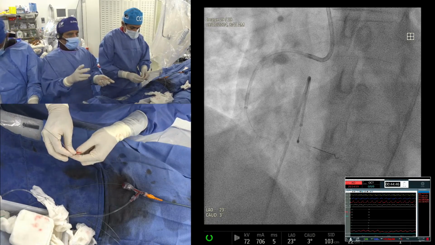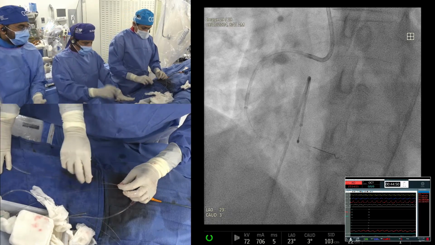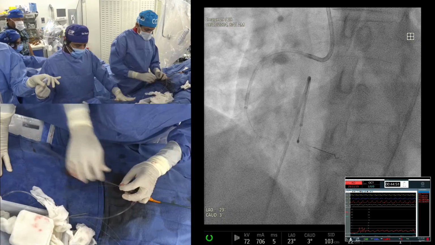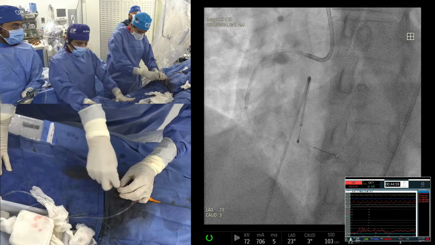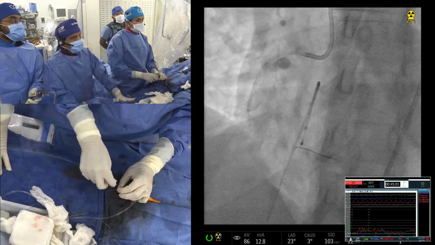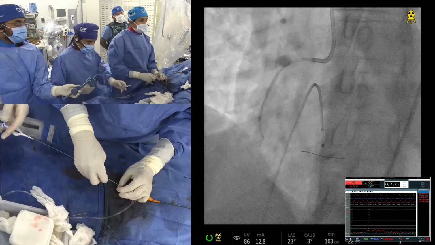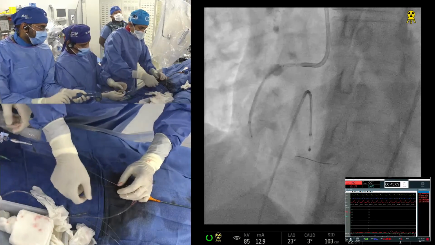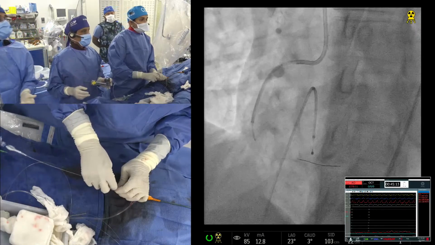With a wire alone, you know there is a lumen outside, so it can scrape, and if there is a flap, it will take the flap with it and may cause dissection. So if you have to advance the guideliner past the proximal ostia, a few millimeters is okay, but further on you need to go over the balloon. That is the key.